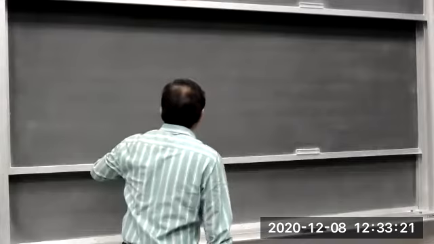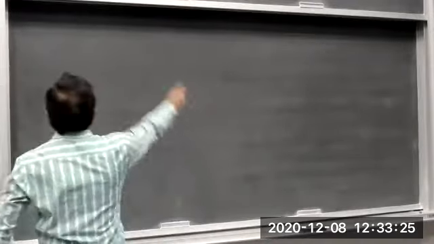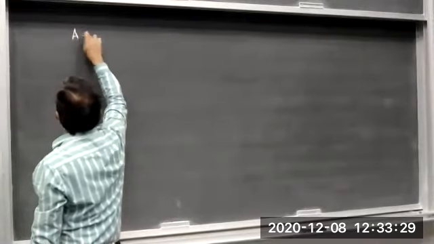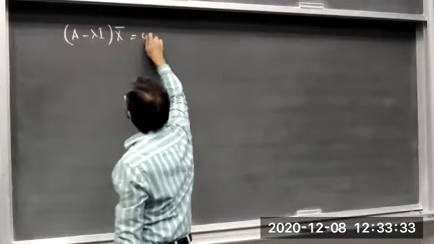Now we are going to find the corresponding eigenvectors from the equation A minus lambda I times x is equal to 0.